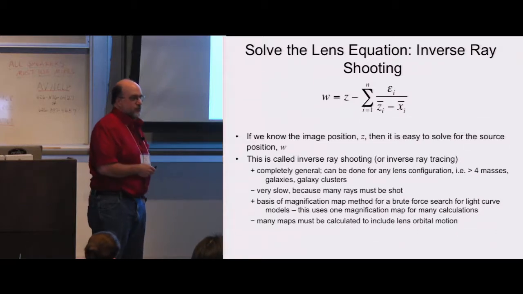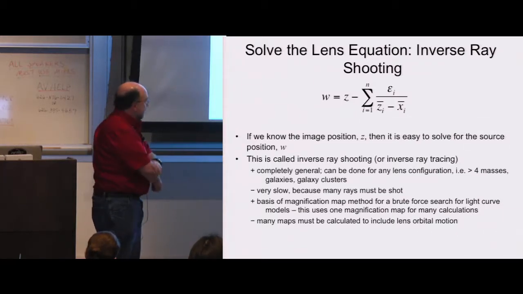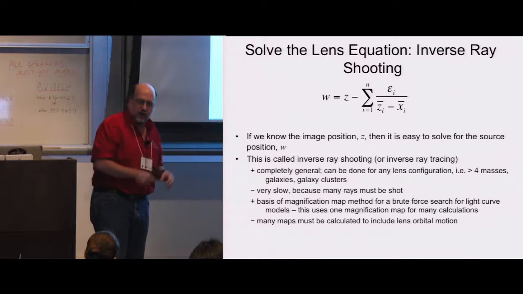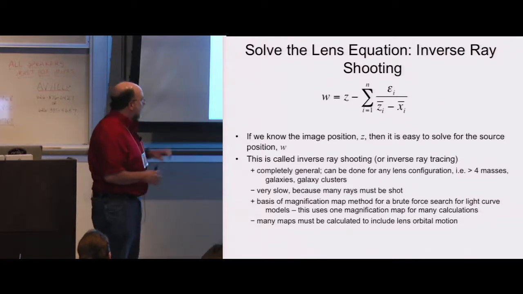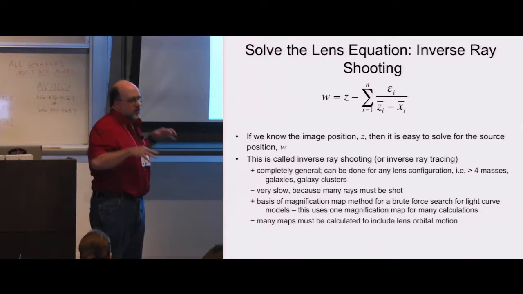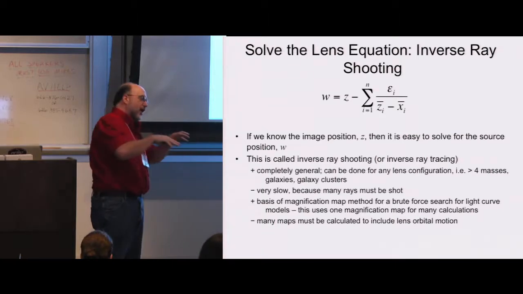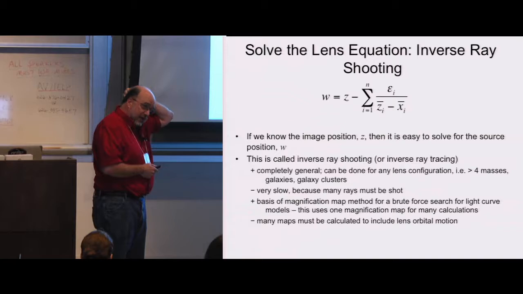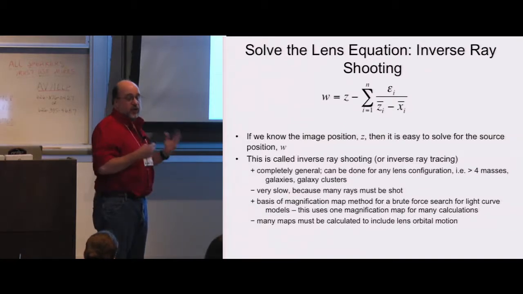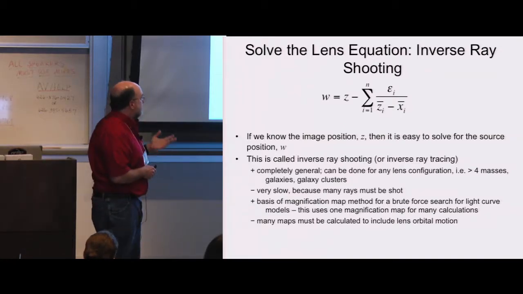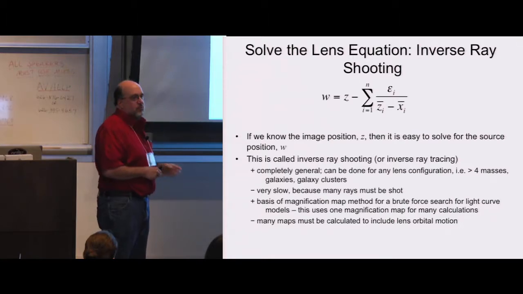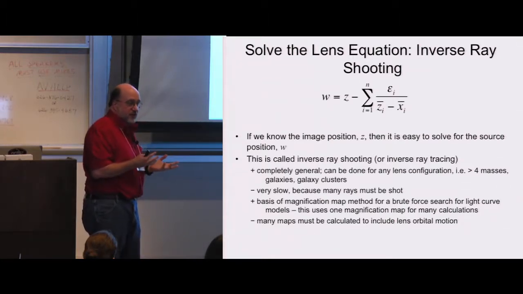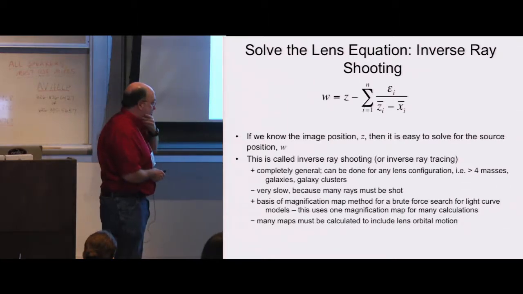And this can be a bit computationally intensive because you may have to shoot a lot of light rays. And if you have a system in orbital motion, then you have to shoot a lot of light rays at each time you observe it. But it does have the advantage that it works for very complicated lens systems, including lens systems with an arbitrarily large number of masses or with continuous mass distributions.